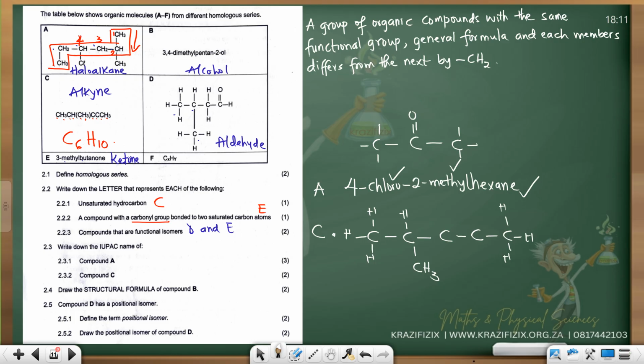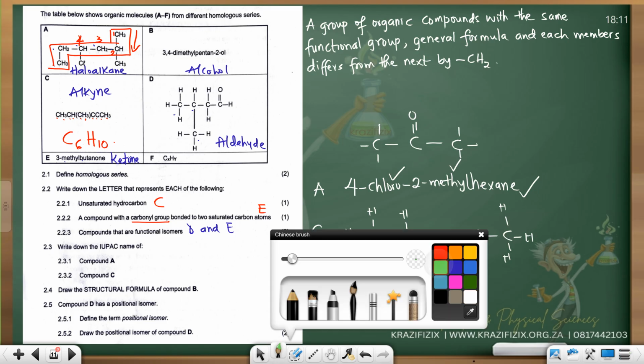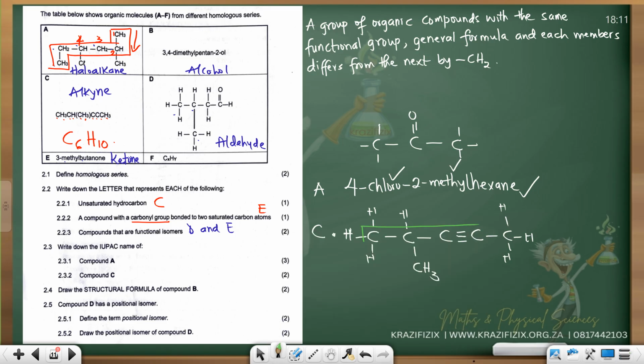How many bonds should I have? 3. So that it's now 4. Okay? Longest chain would be that. The way we drew it, the longest chain would be that. The longest chain would be this. Please give this preference. That's the owner of the house.